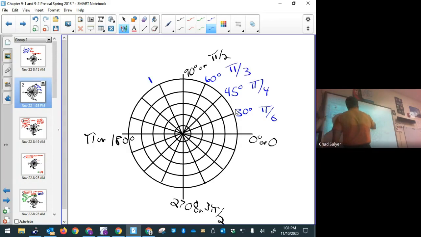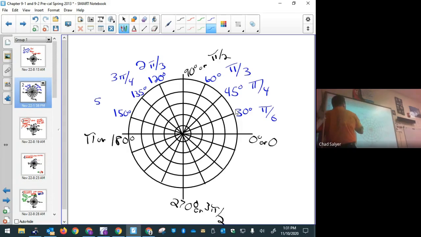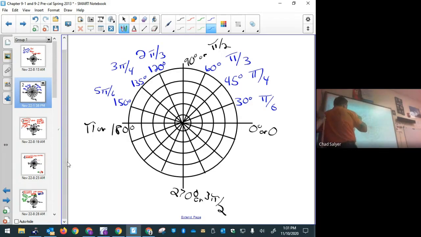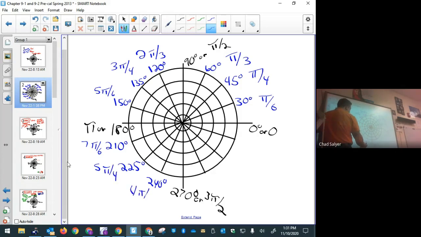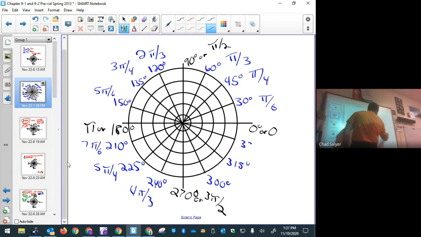And then as I go into Q2, 120 degrees, 135 degrees, 150 degrees, which is also 2 pi over 3, 3 pi over 4, 5 pi over 6, and Q3, 210, 225, 240, which is 7 pi over 6, 5 pi over 4, 4 pi over 3.